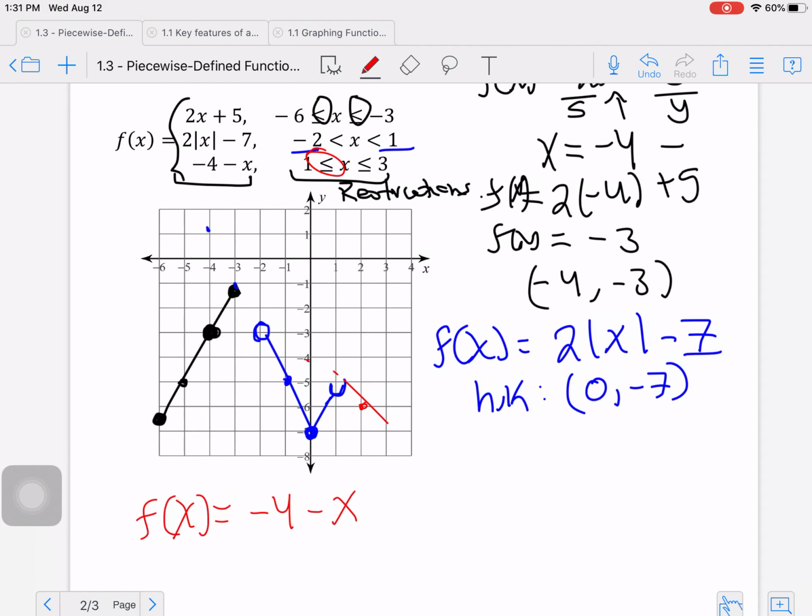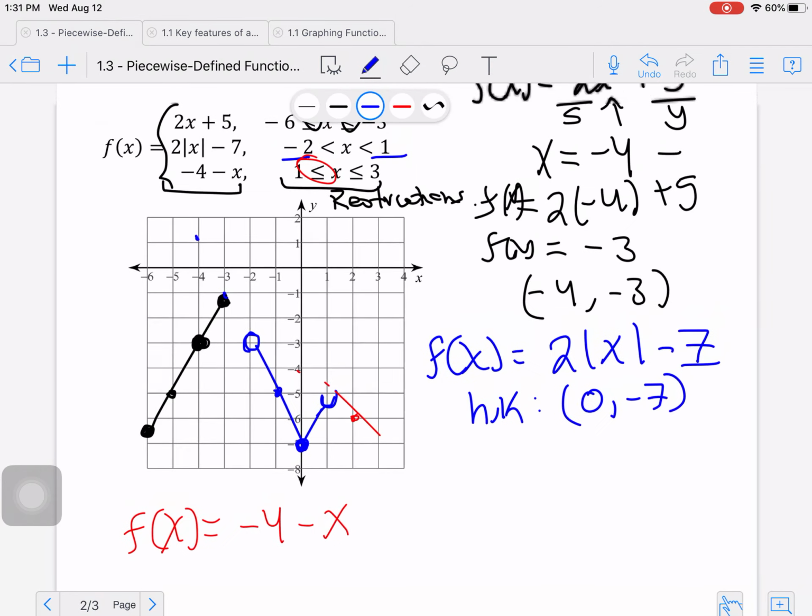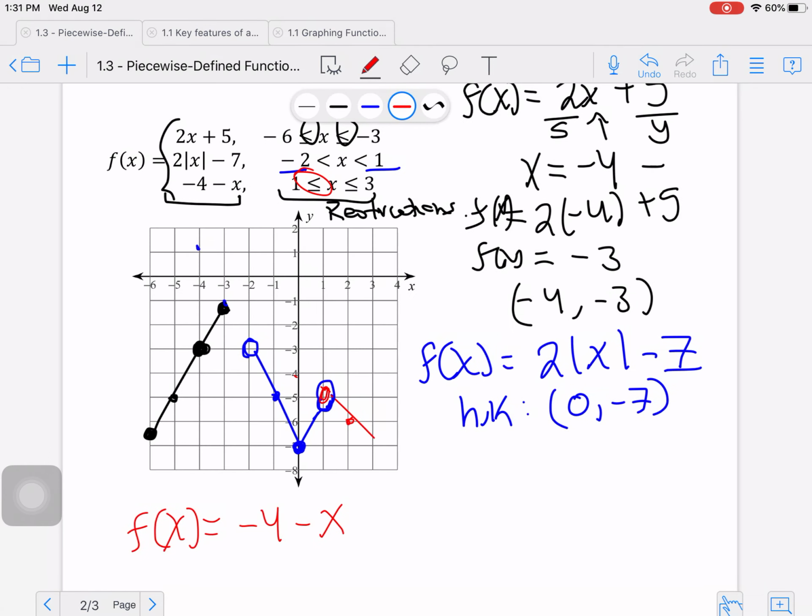Now notice that there's already an open circle, but because I'm going to have a closed circle on top of it, it's going to fill in that empty hole. So now, instead of having an open circle, we have a closed circle. And on the other side, it says less than or equal to 3, so I'm also going to have a closed circle.